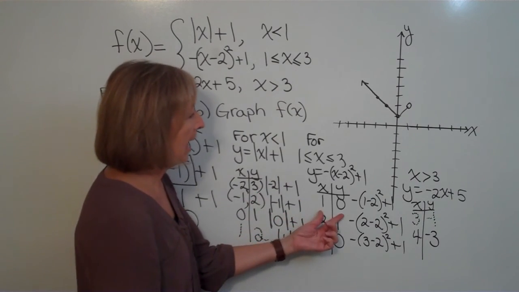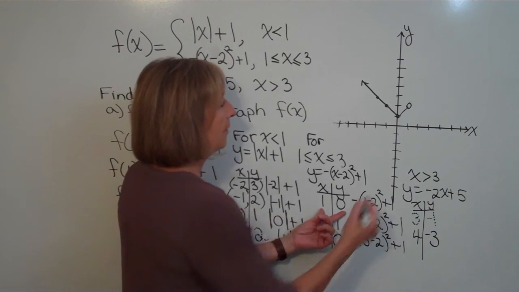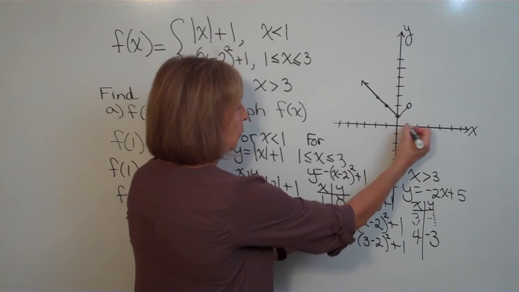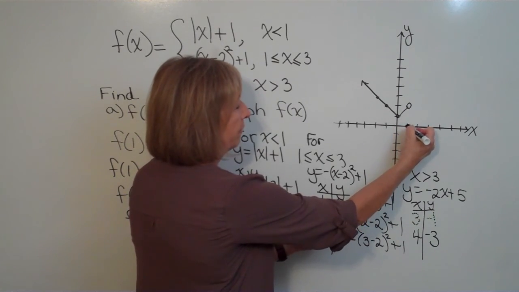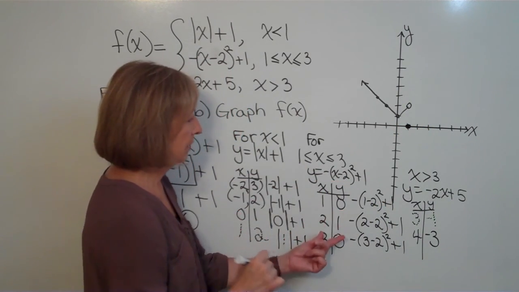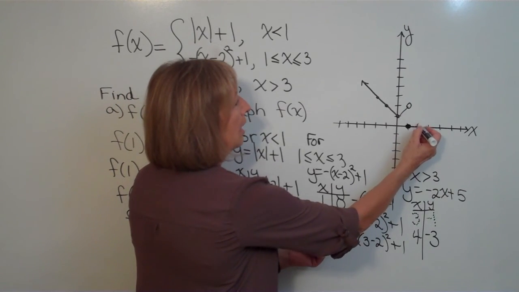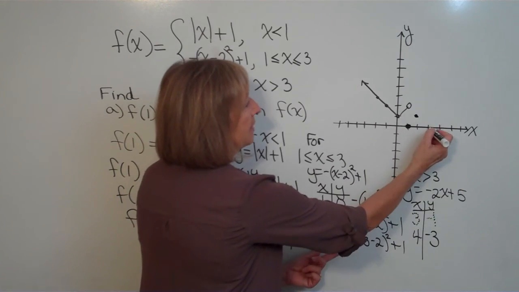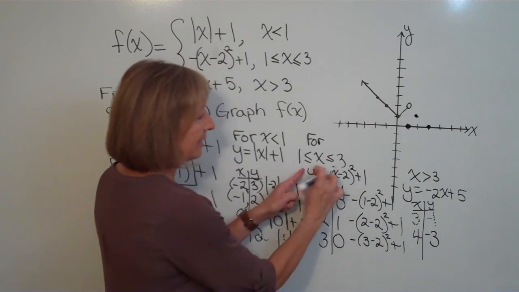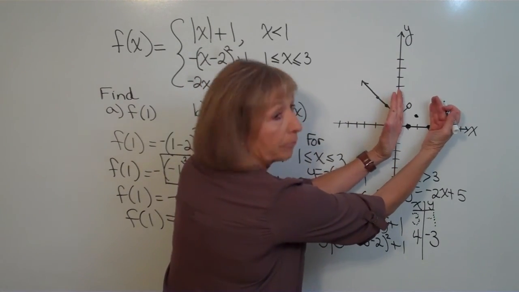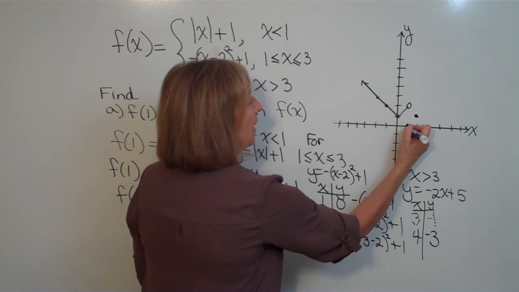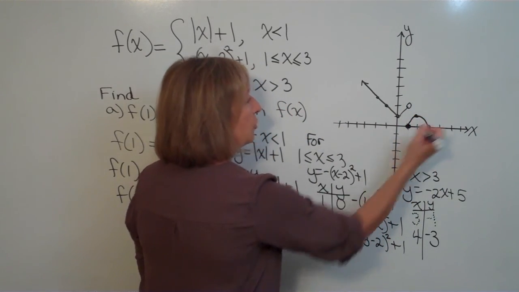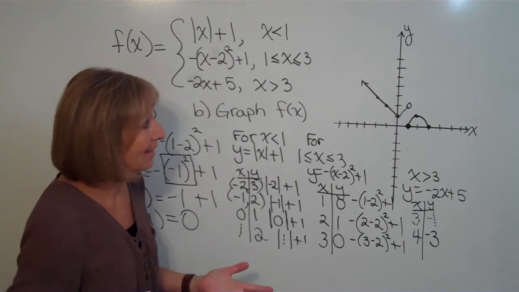The next one I have (1, 0). So go right 1, don't go up or down, and fill it in because we had the "or equal to." Then (2, 1), and then (3, 0). And that's it. It's only valid from 1 to 3. So we have our parabola, but just that piece of it.